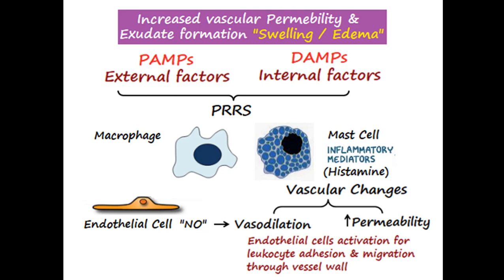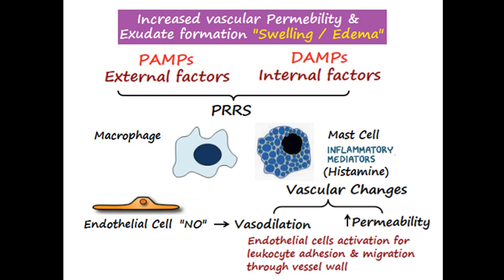And here, an important thing is that it is not only the cells of the immune system or the mast cells, but also the endothelial cells, when activated by cytokines at the site of injury or inflammation, that release nitric oxide, which itself is a vasodilator.